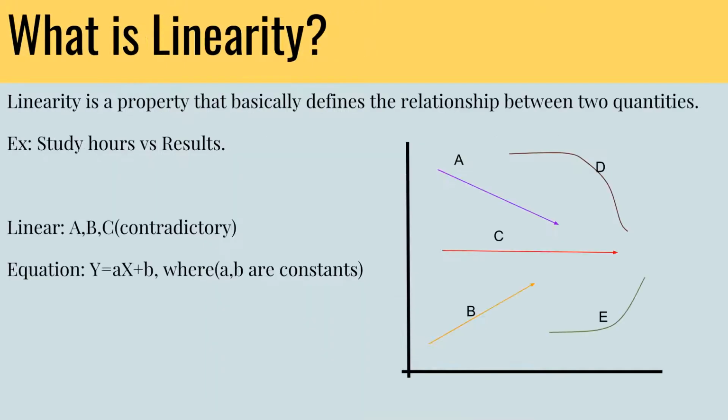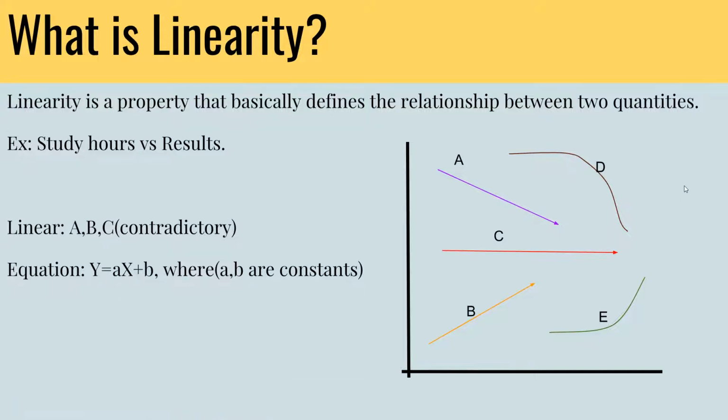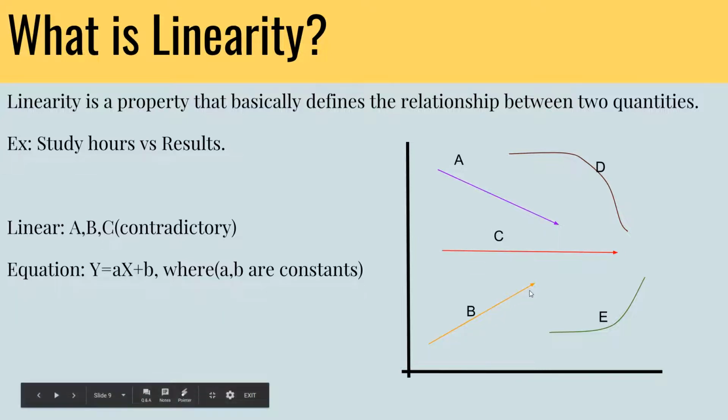and that's what we are going to do. Let me explain the concept of linearity. Linearity is a property that basically defines the relationship between two quantities. For example, we can see there are 5 lines in this diagram. The line A, which has a negative slope, the line C, which has 0 slope, the line B, which has a positive slope, and D and E, who have varying slopes.